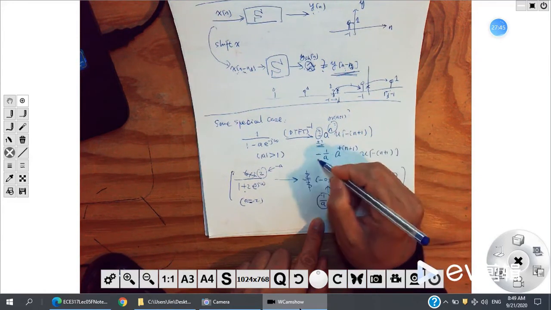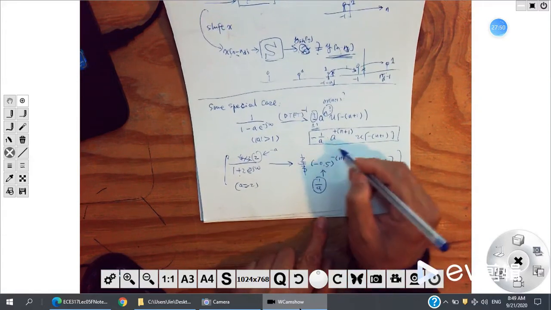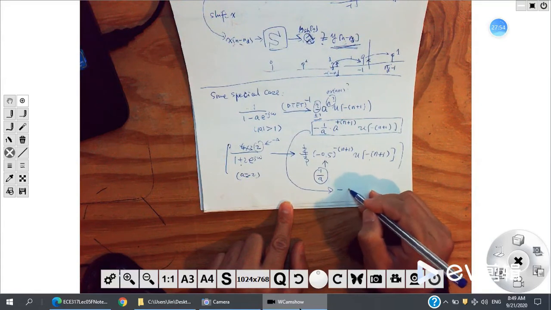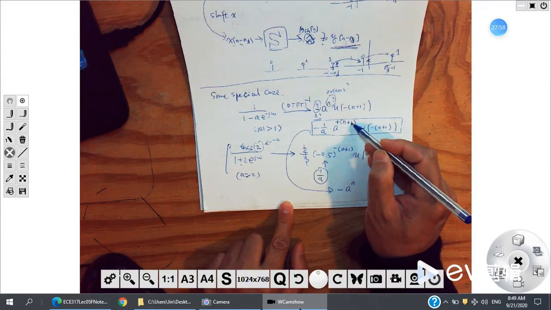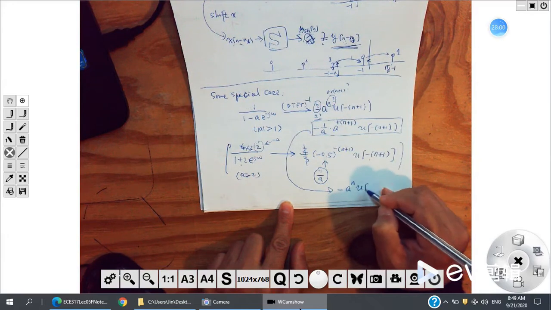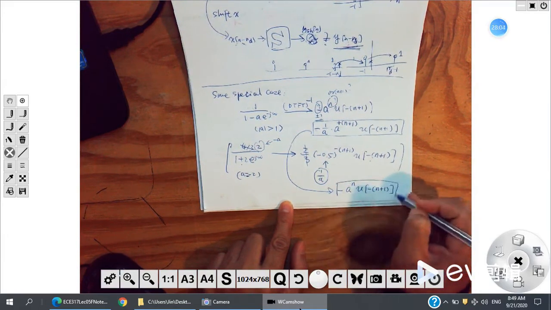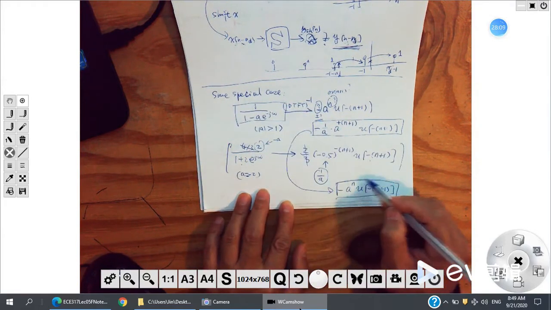Right, so this one. Okay, I can do more simplified. It is negative a to the n, right? This a and here is plus 1 can be cancelled. Then times u of negative of n plus 1. Yeah, it is.